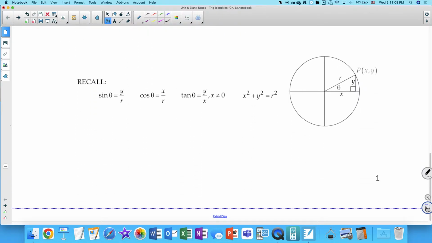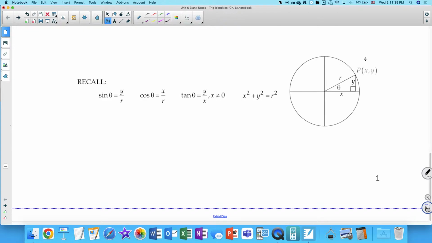Now, bringing this back into trig, this is from our previous unit and also from Math 20-1. When you have an angle in standard position and a point on that circle, when we take the terminal arm and rotate it around the origin, we can call that point (x, y). x is the horizontal piece of that point, and y is the vertical.